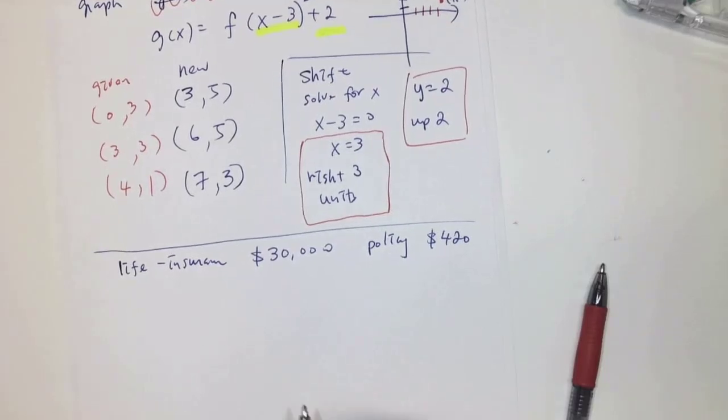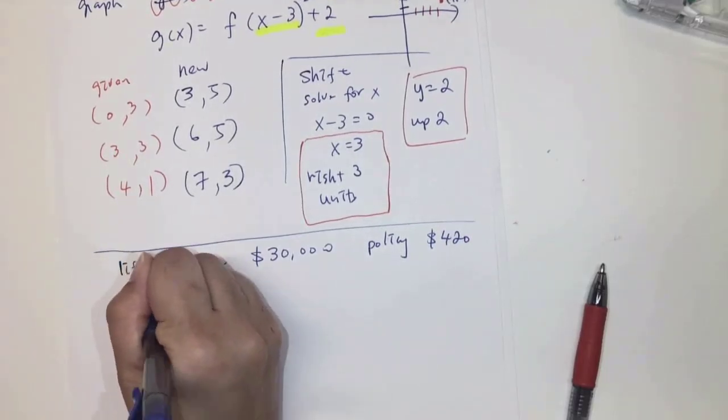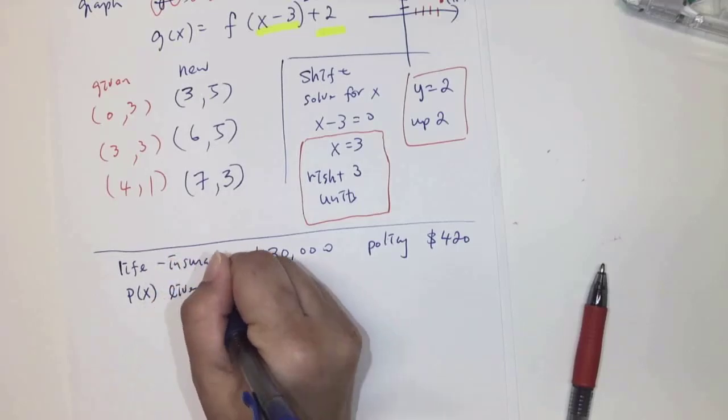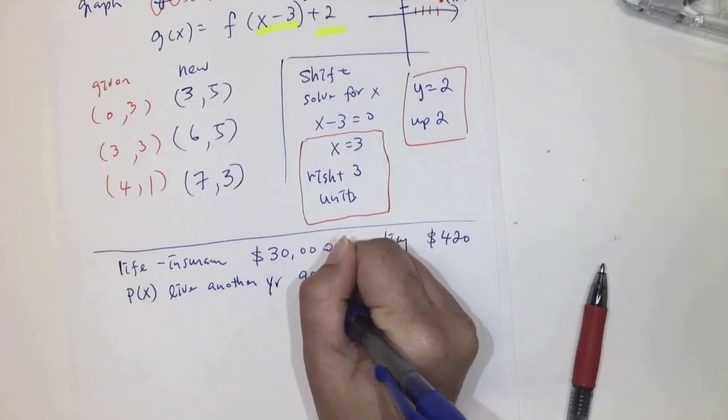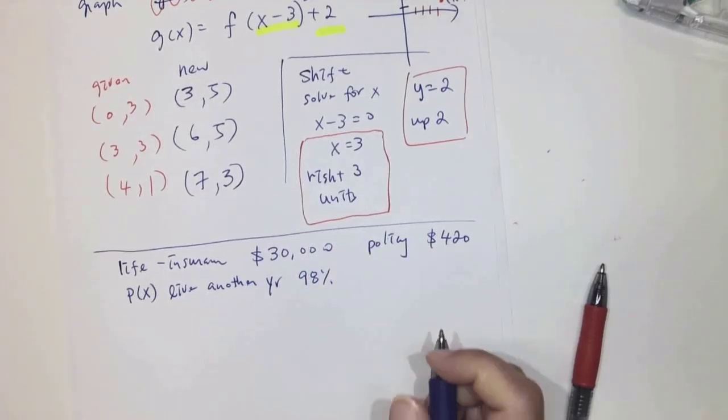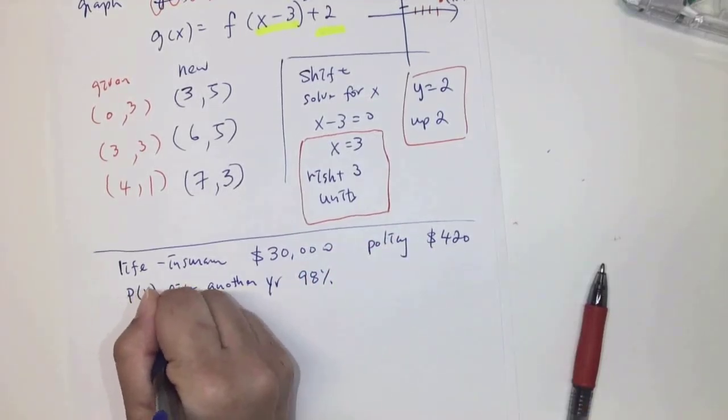Assuming the probability of this person living another year is 98%.